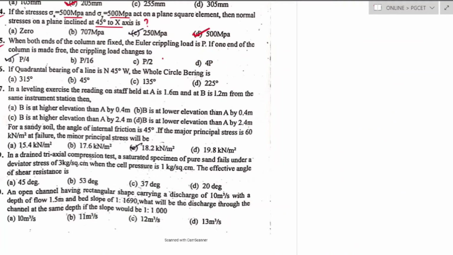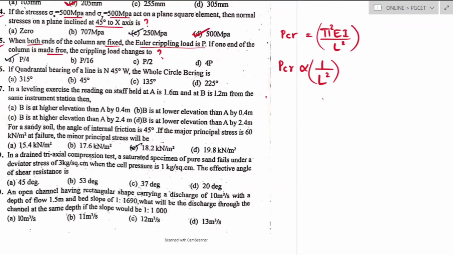Question number 55. When both the ends of the column are fixed, the Euler crippling load is P. If one end of the column is made free, then the crippling load changes to? We know that the Euler crippling load general formula is given by PCR is equal to pi square EI by L square. That is, crippling load is inversely proportional to square of the effective length of the column.